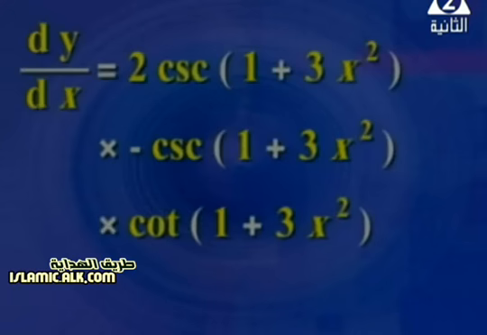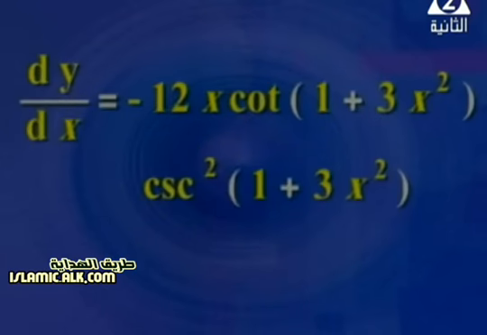Dear student, dy over dx equals 2 times cosec (1 plus 3x squared) times the differentiation of the inside, that is negative cosec (1 plus 3x squared) times cot (1 plus 3x squared) times 6x. So dy over dx equals negative 12x cot (1 plus 3x squared) cosec squared (1 plus 3x squared).